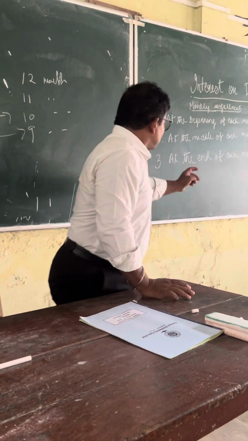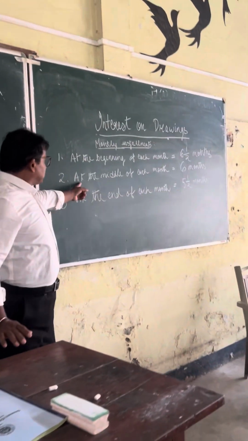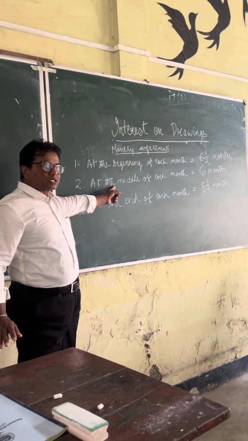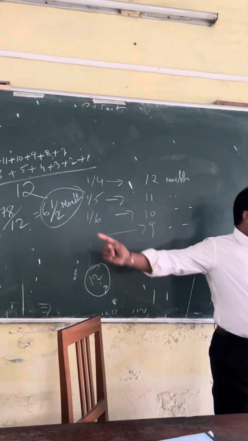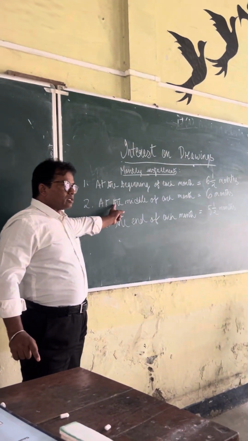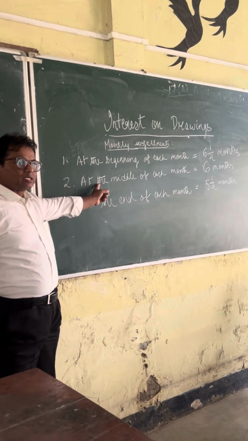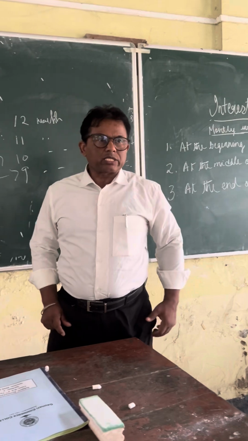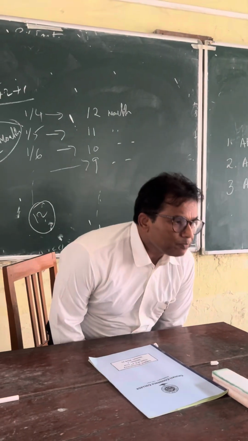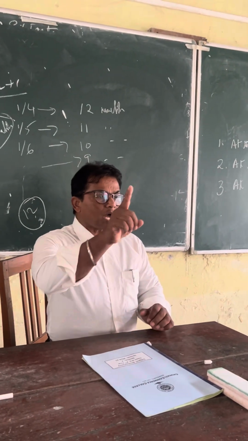So now see the formula. At the middle of each month, it will be for 6 months, right? You can calculate this way, you shall find it is coming 6 months. You calculate middle of each month, it will be total 6 months average. So you shall calculate interest on rupees 1,20,000.